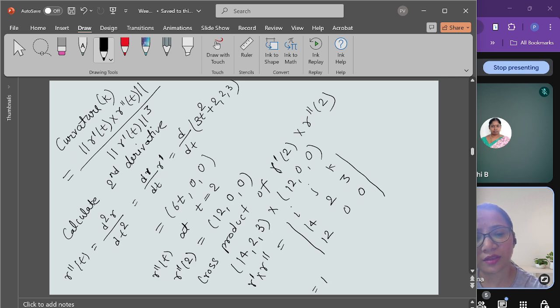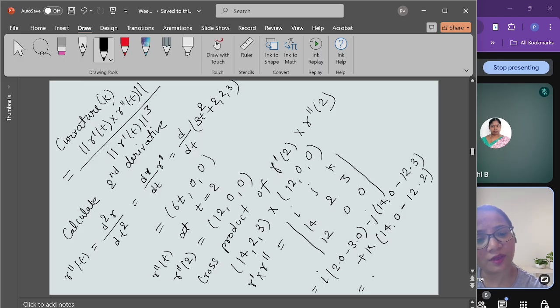So we can calculate it like this: i times 2 into 0 minus 3 into 0, minus j times 14 into 0 minus 12 into 3, plus k times 14 into 0 minus 12 into 2.